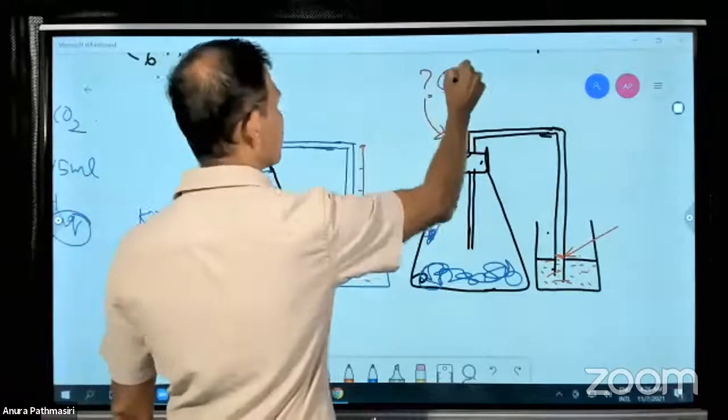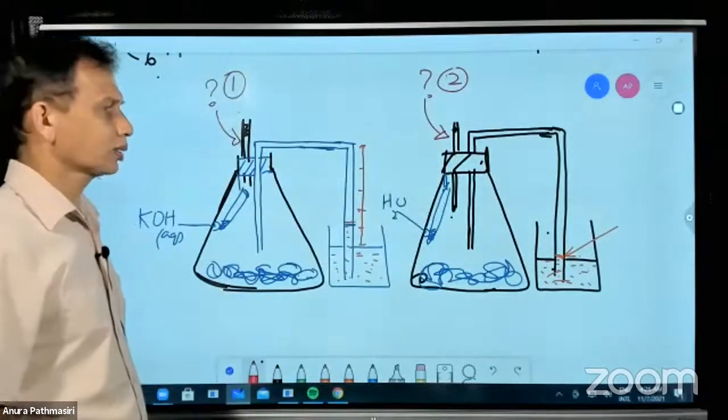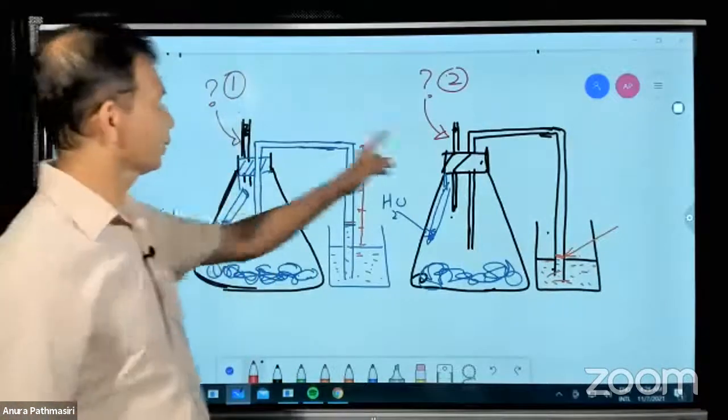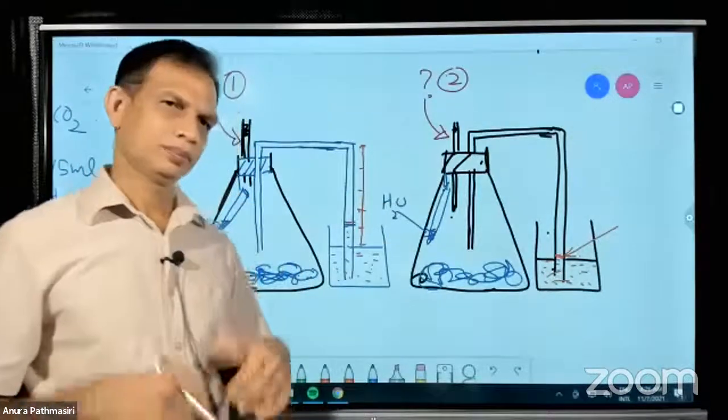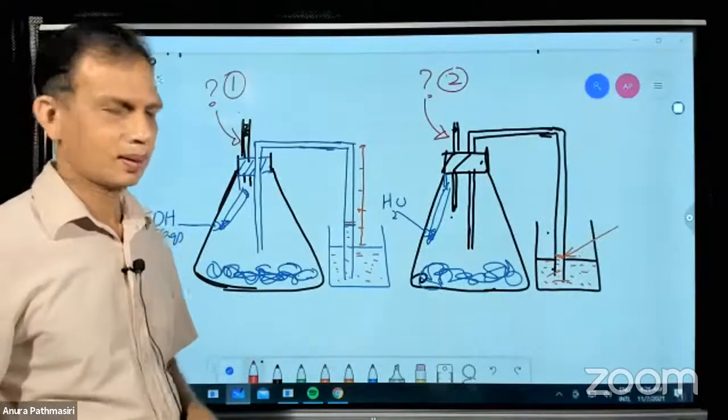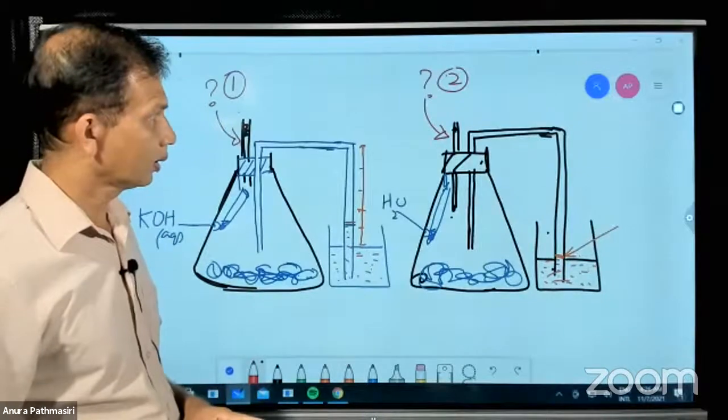Can anybody explain or give me a reason, just early in the morning, like 4 o'clock here? What is the use of a rubber tube? No idea? You can block the entering of the air.